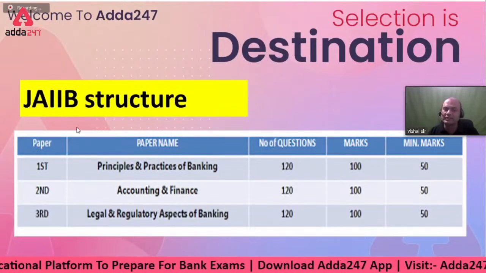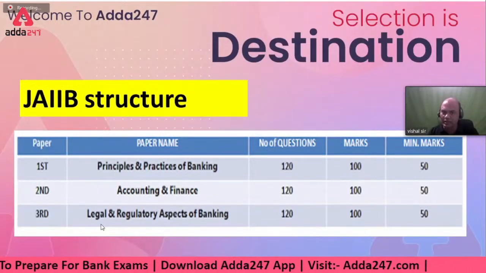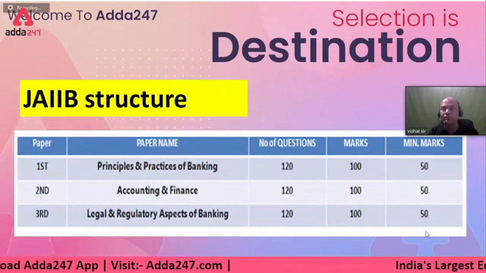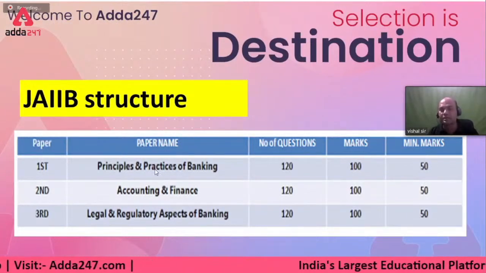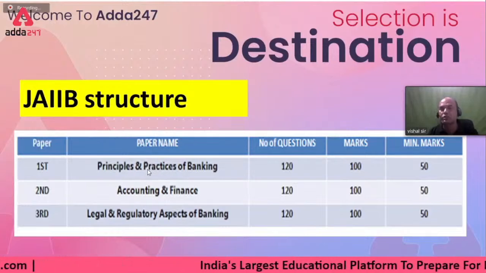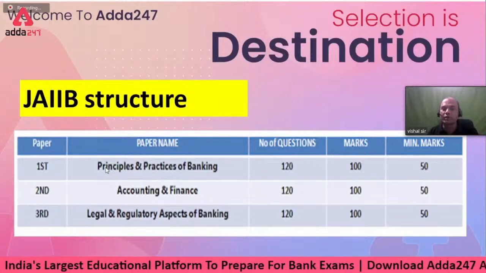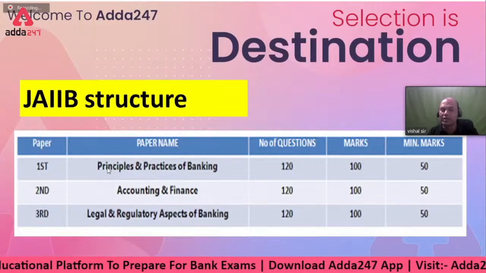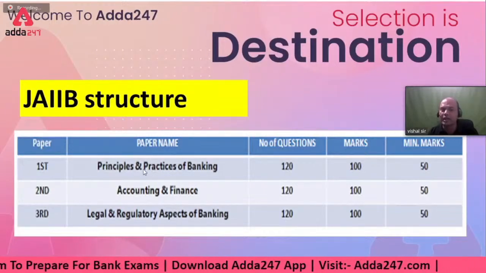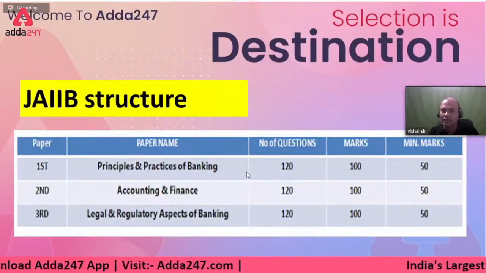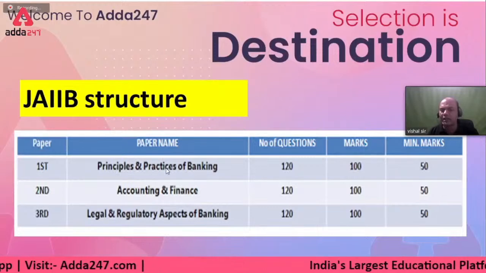Now if you sit in a single attempt, they give you an option also, that your average should be 50, and subject pass means each subject mark should not be less than 45. Means suppose if I get 45 in PPB and in legal I get 50, then also my average comes to 50.